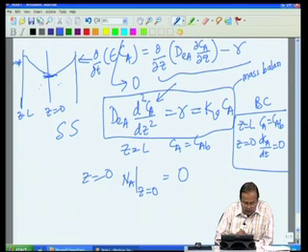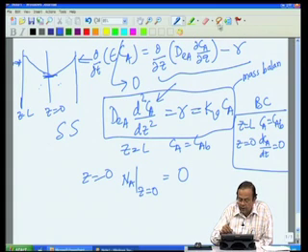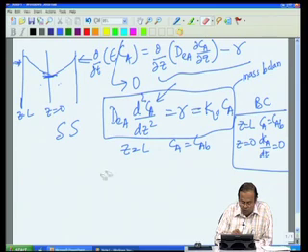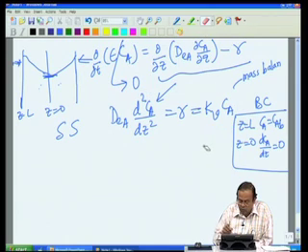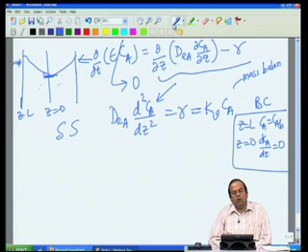Now, we would like to look at how this solution looks. Before we look at the solution with these boundary conditions, let us try to manipulate this equation a little bit. The reason for manipulation will become clear in a minute.